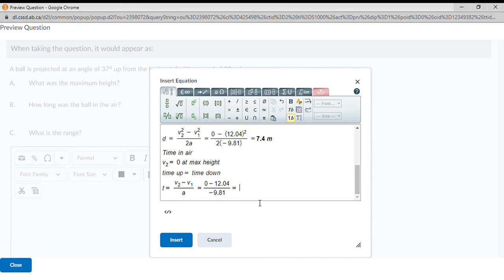And when you enter it into your calculator, it will be 1.23 seconds.